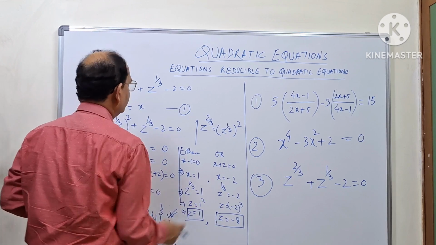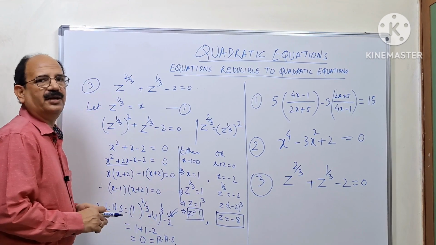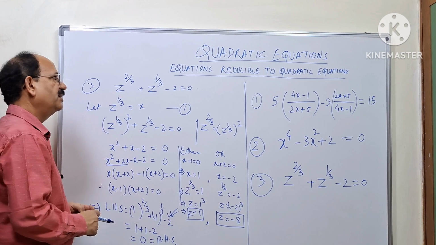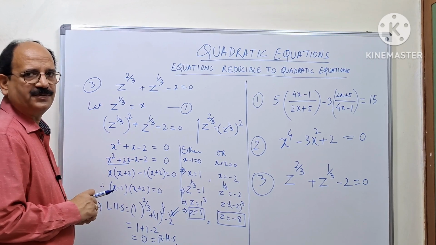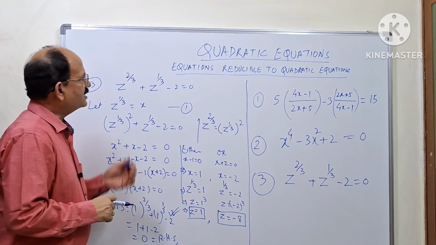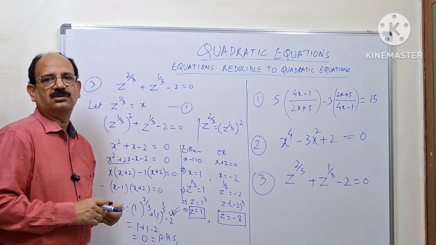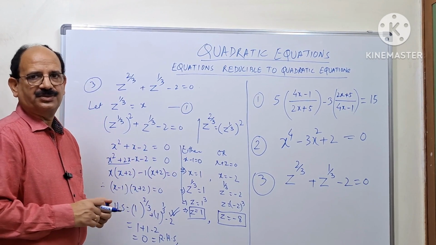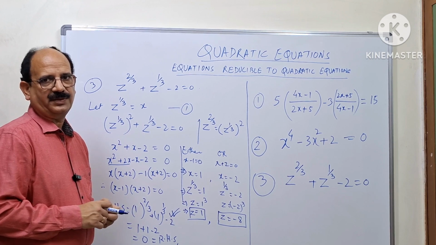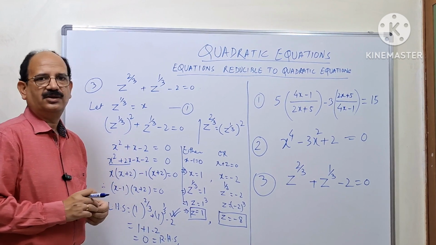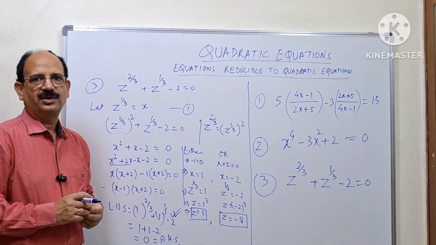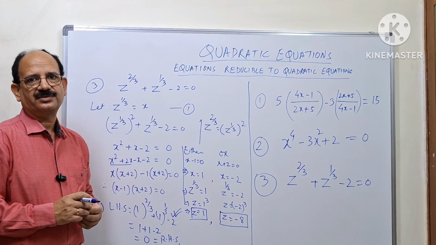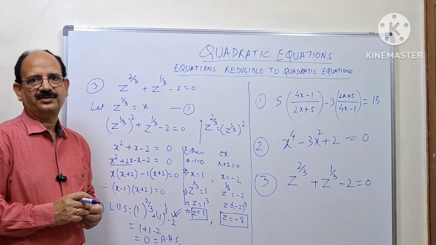Likewise, we can check with minus 8 also, and we should get LHS equal to 0, which is RHS, and that proves that our solution is correct. So this is how you can reduce certain equations to quadratic equations. With these three examples, it would have been very clear to you how to reduce certain equations to the form of quadratic equations. Thank you very much.